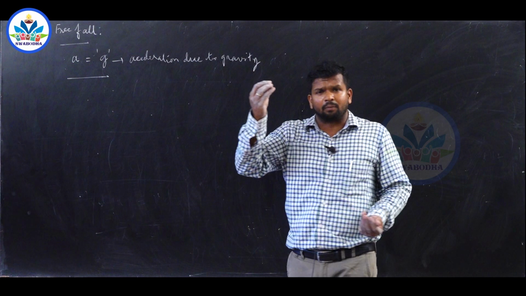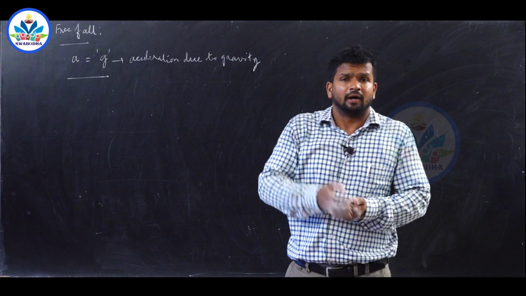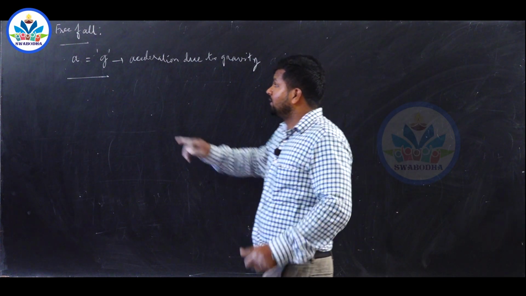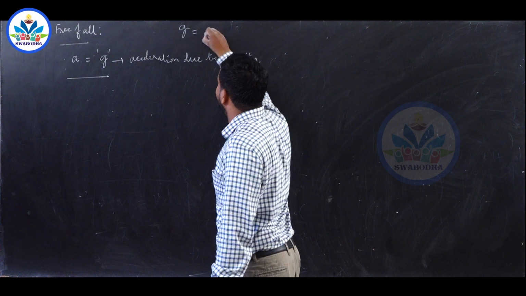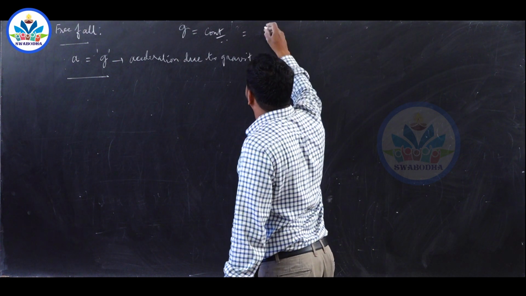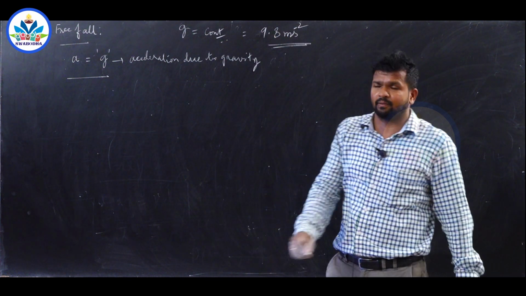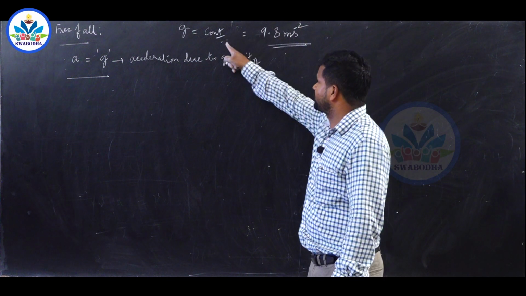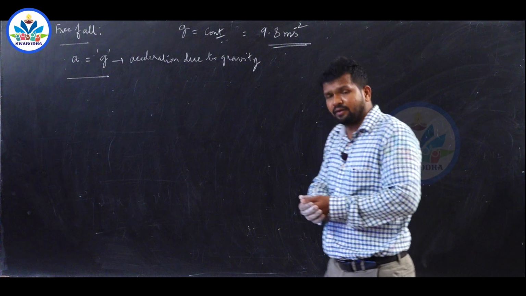When an object travels a distance considerably small compared to the earth's radius, the value of acceleration due to gravity can be assumed to be constant, with magnitude 9.8 meter per second square: a equal to g, which is constant.